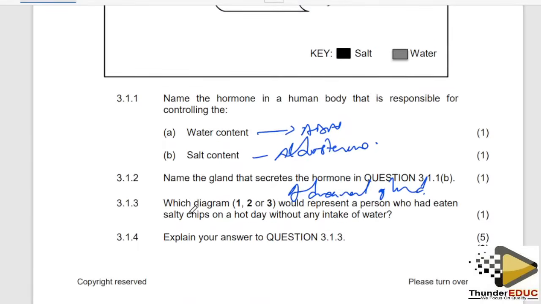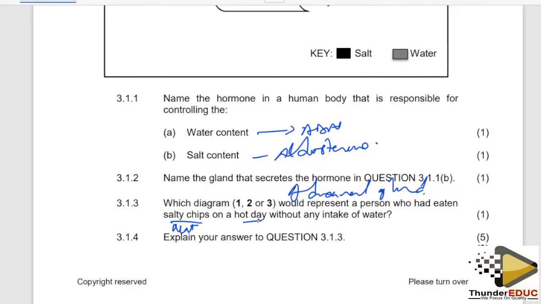They're asking which of diagram 1, 2, 3 would represent the person who had eaten salty chips on a hot day. Meaning that first of all, too much sodium ions. Aldosterone is working too much, meaning that this person has too much salt in the blood.